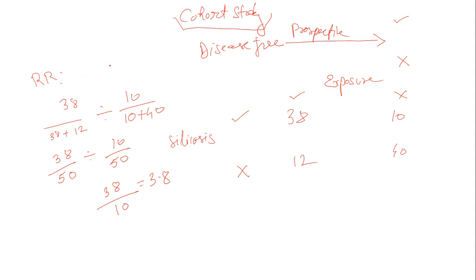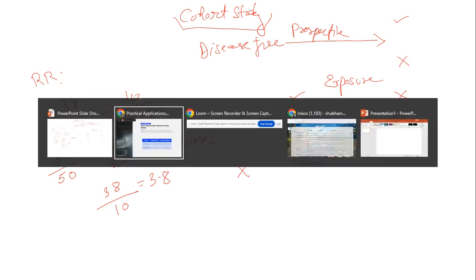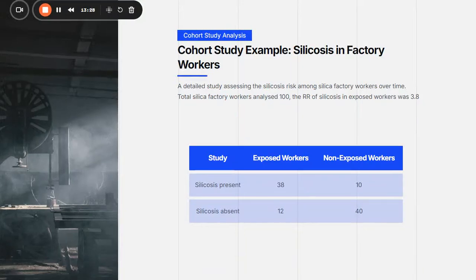So the relative risk of having silicosis is 3.8 times higher in the exposed group compared to the unexposed group. This is how the interpretation takes place, and this is how the calculation for relative risk is conducted. Let us go back to our presentation.